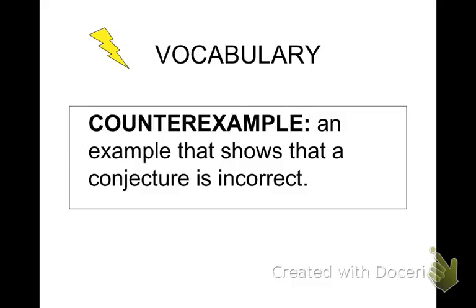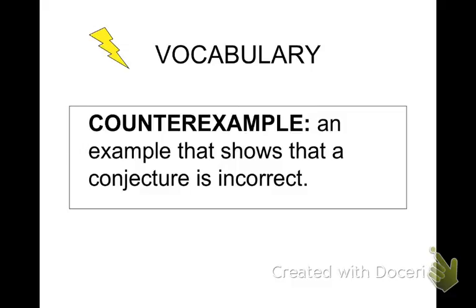So if we make a conjecture, it may not always be true. If I want to prove that a conjecture is incorrect or false, I need to find a counterexample. So a counterexample is an example that shows that a conjecture is incorrect.